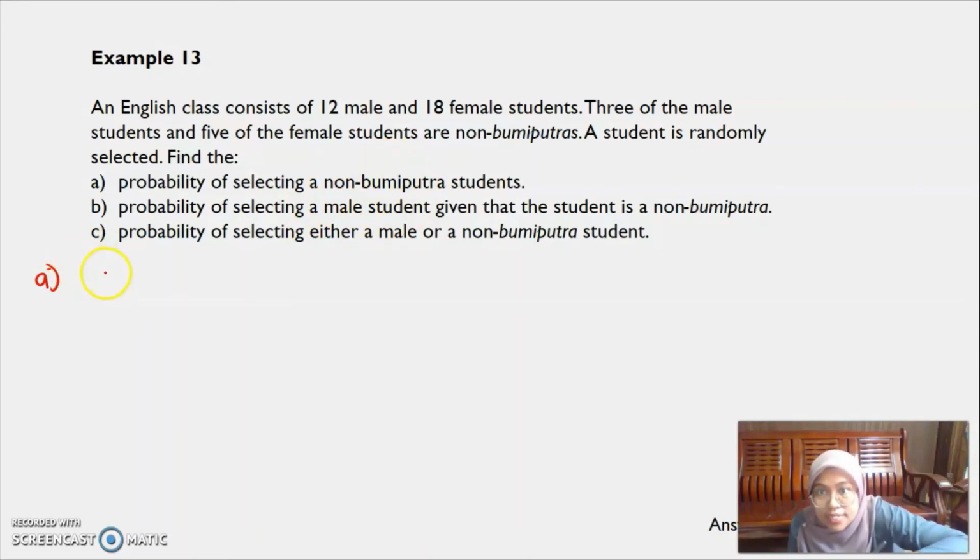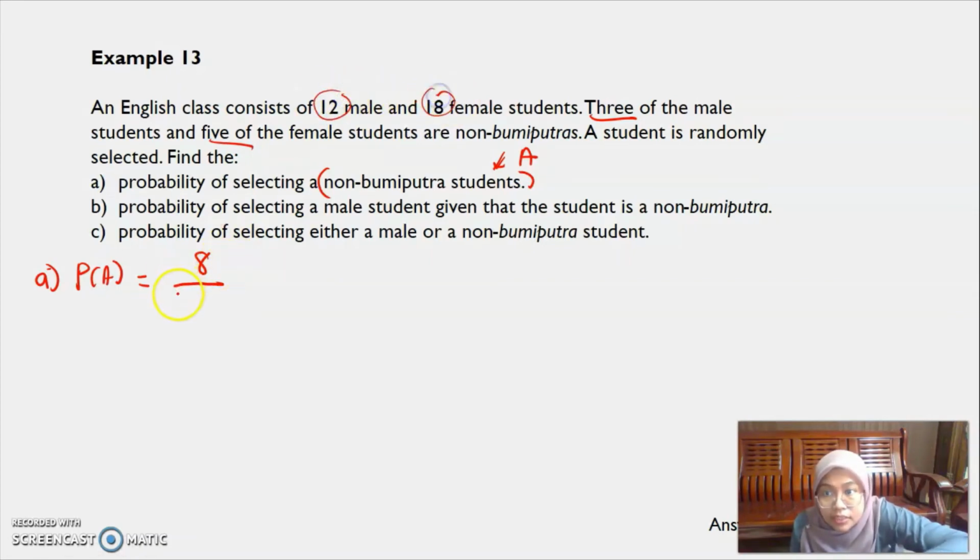Let's say I name this event of selecting a non-Bumiputra student as event A. So for question A, the probability of event A, the probability of getting a non-Bumiputra student, is the number of non-Bumiputra students, 3 plus 5, 8, over the total number of students, 12 plus 18, 30.